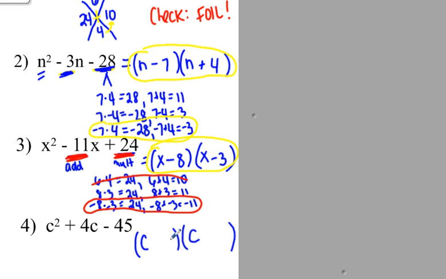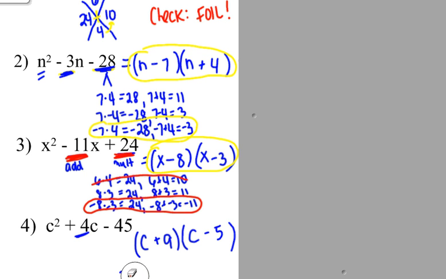So if we think about this, 9 times 5 gives me 45. If I make this a negative 9 and a positive 5, then negative 9 plus 5 equals negative 4. And I need a positive 4. So something I can do instead is change my signs to a positive 9 and a negative 5.